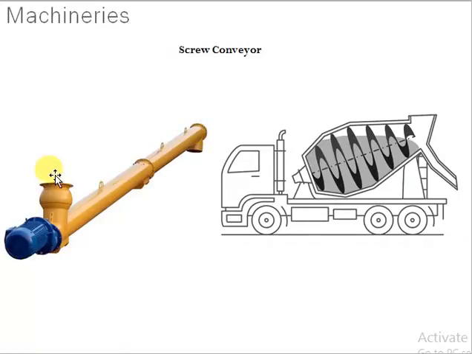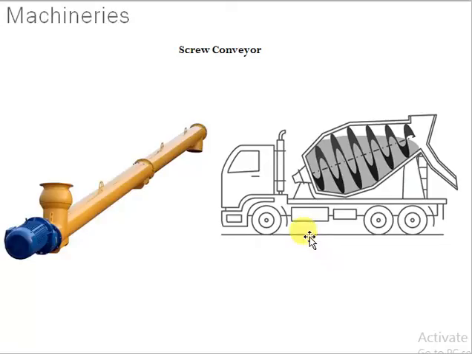From this end, the material is loaded into the conveyor, and as the screw rotates, it will shift the material up, and from this outlet, it will fall into the silos where the material has to be stored for use.